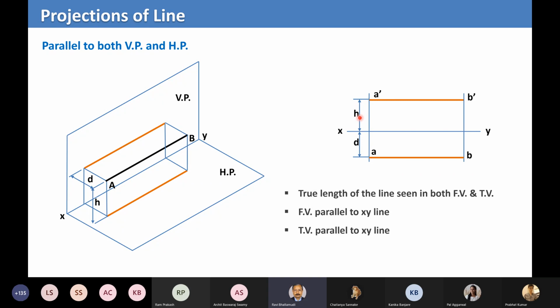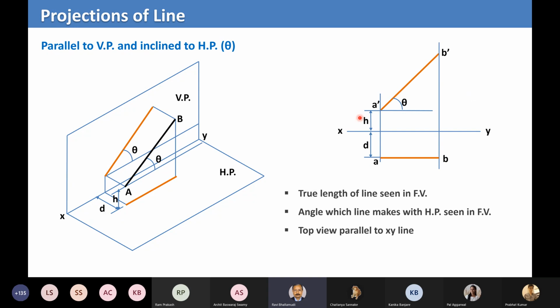Now we will start making life a little complex for fun. Otherwise, what is fun in life? Now this line is parallel to the vertical plane. So this plane and this line AB are now parallel, and the line is inclined to the horizontal plane, let's say by an angle theta.